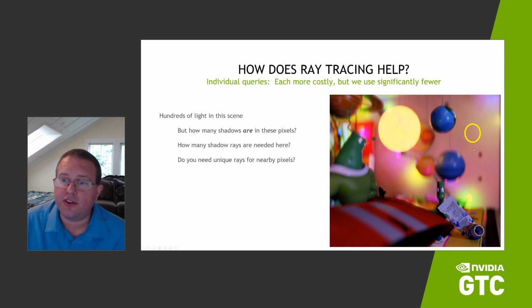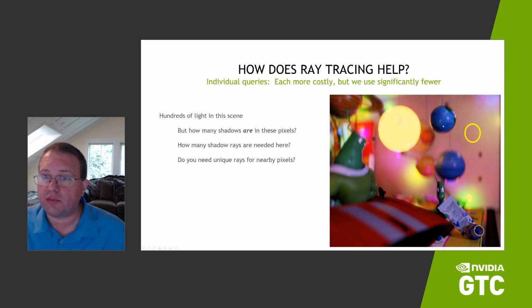My gut intuition, just looking at this image, says there are no shadows in this region. But it turns out that's not actually true, right? The sun is perhaps partially occluded by this Earth globe here, and some of these LED lights are certainly occluded by these other hanging planets.